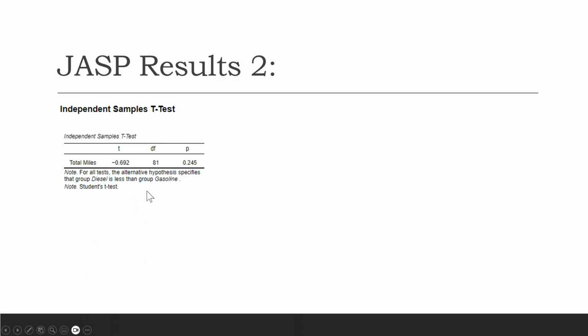This is another place where they tell us which group is which, right? It says, note, for all tests, the alternative hypothesis specifies that the group diesel is less than the group gasoline, all right? So group 1 was diesel, group 2 was gasoline. That's another reminder. This is my t-statistic. This is my degrees of freedom. And this is my p-value, right?